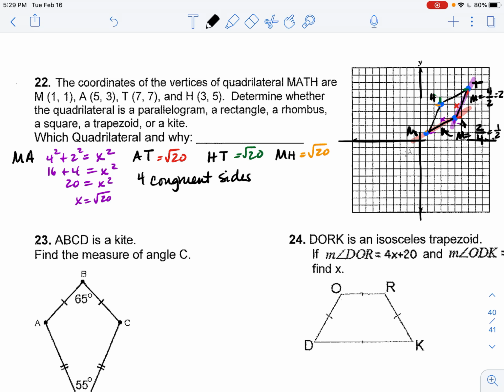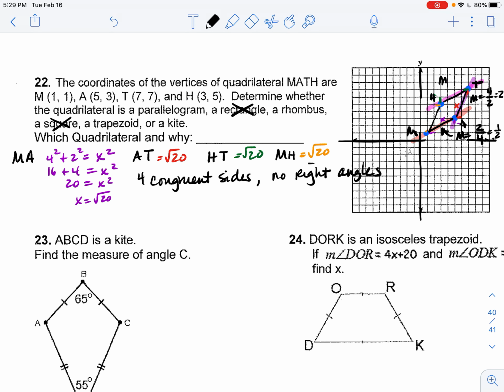Okay, so we already know that these are not perpendicular, because in order for them to be perpendicular, they have to be opposite reciprocals. So these are not right angles. So, let's see, no right angles. All right, so I can rule out a rectangle, we can rule out a square. All right, so let's see what else we got.